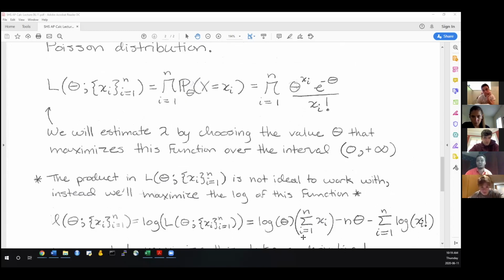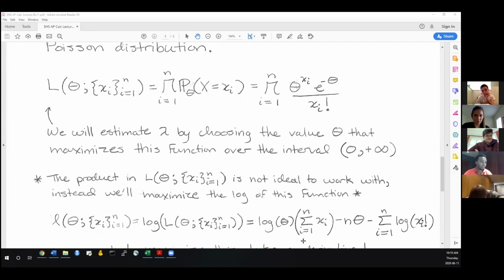So this is a lot nicer to work with, because instead of having to do product rule, now you're just taking derivatives of terms that are additive. So it's a lot simpler to do. You can look through how you get directly from capital L of theta to little l of theta on your own time if you're curious.